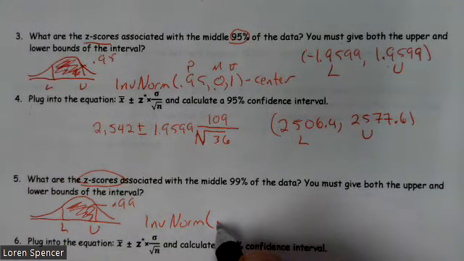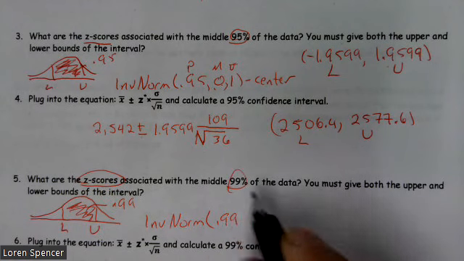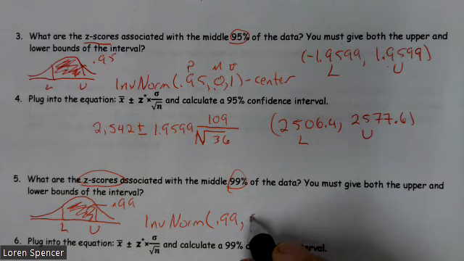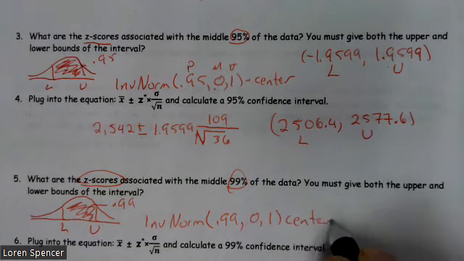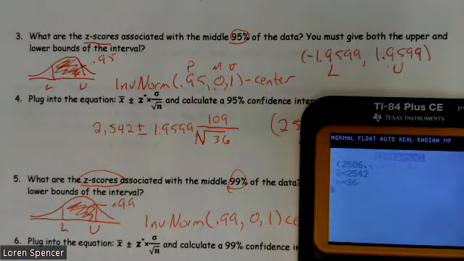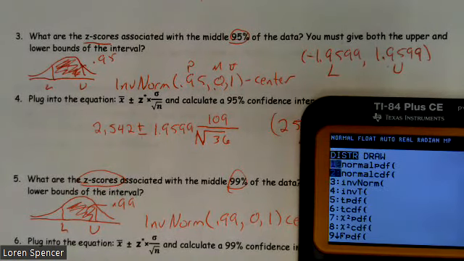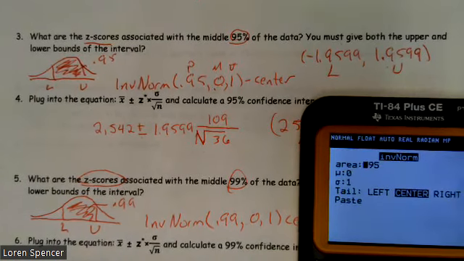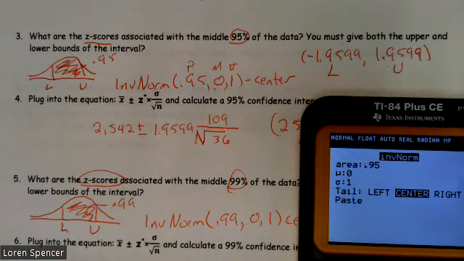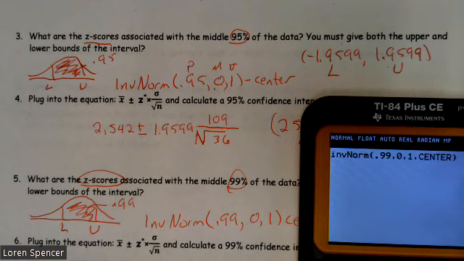My area is 0.99. My mean, because this is a z-score, is still 0, and my standard deviation is 1, and we need to be centered.